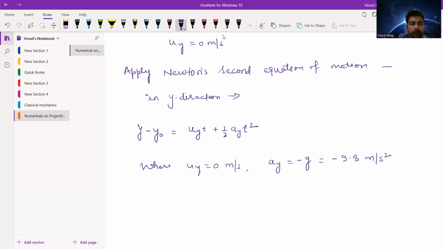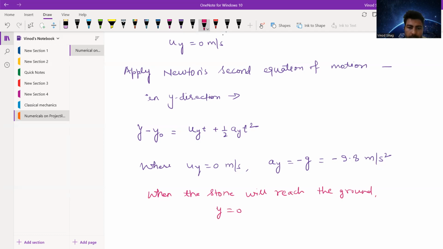And for the first part, where they are asking for the time taken to reach the ground: when the stone reaches the ground, what will be the y coordinate?